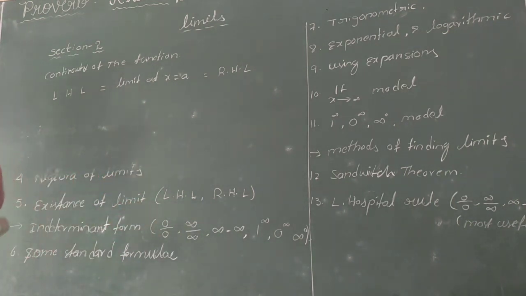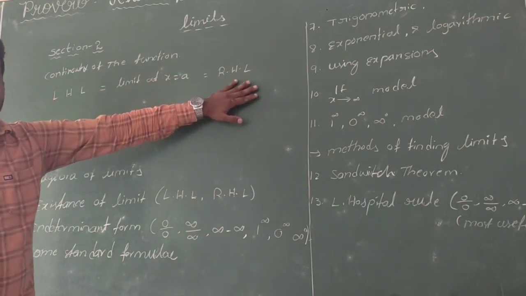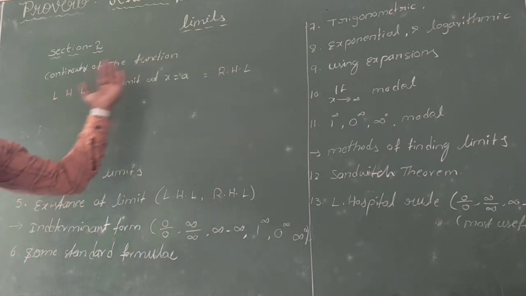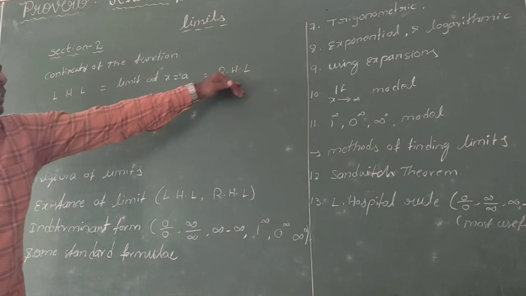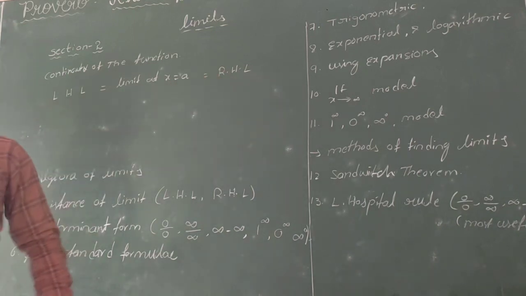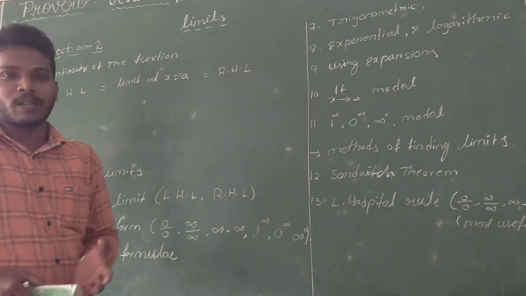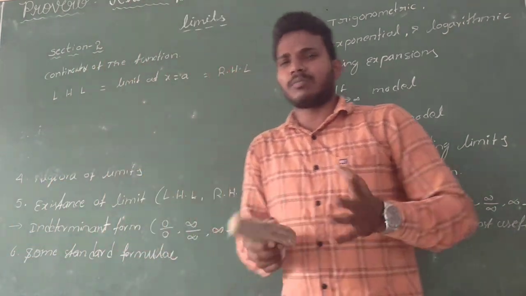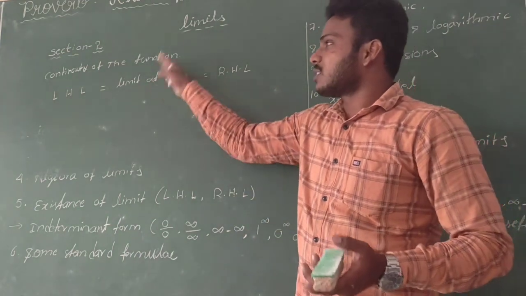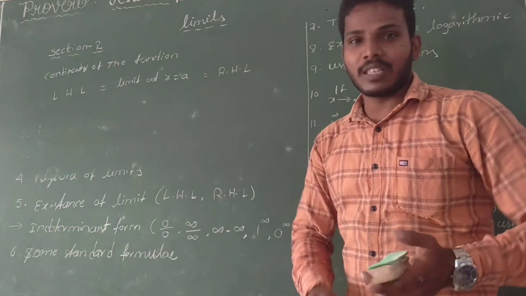So if the left limit and right limit exist and are equal, and along with the value at the point give the same result, then it is said to be continuous. There are different types of discontinuities also: jump discontinuity, removable discontinuity, piecewise discontinuity. We are discussing those things at a single point. That is section 2, continuity of the function.